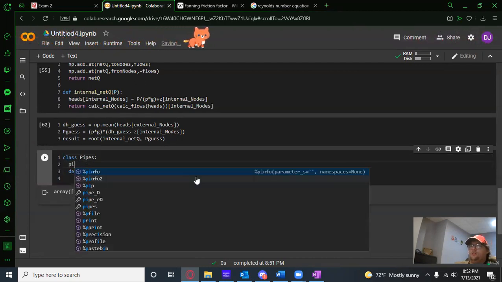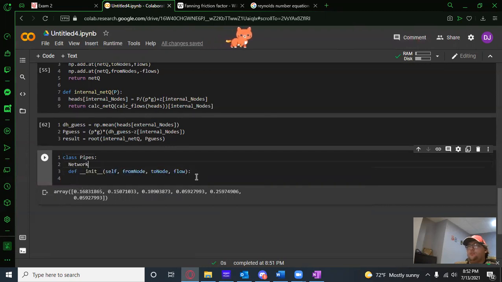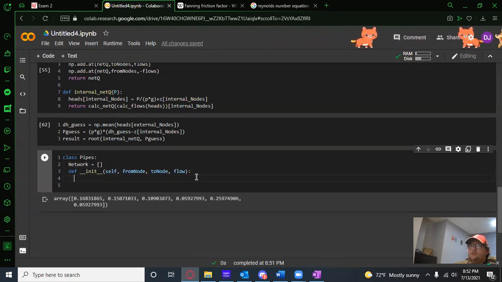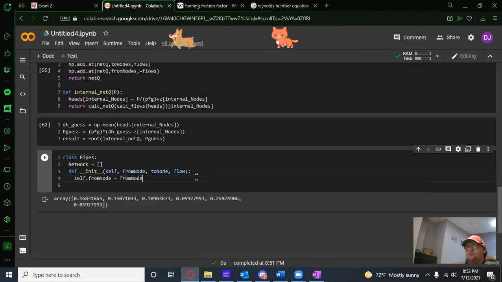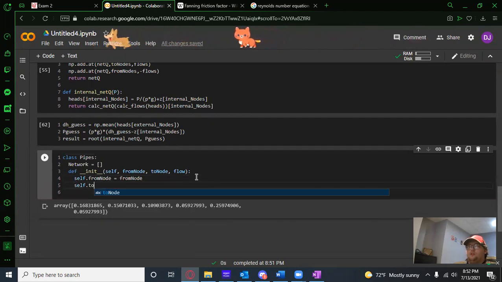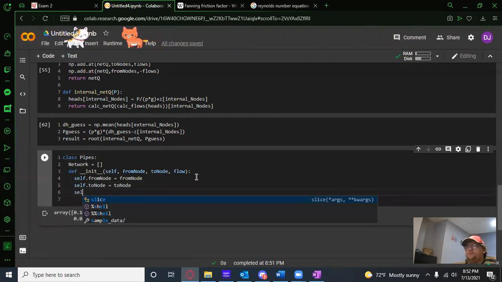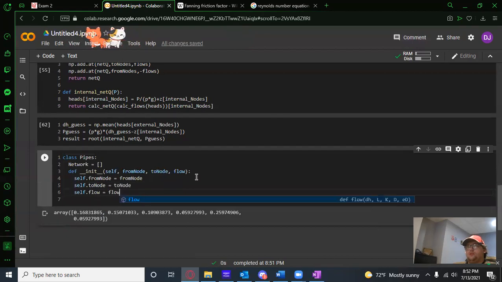I'm going to create a class variable called network, just going to be a list. So self.from node equals from node, self.to node equals to node, self.flow equals flow.